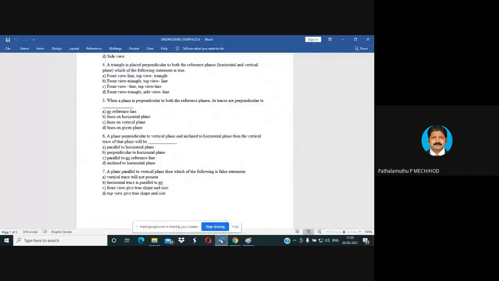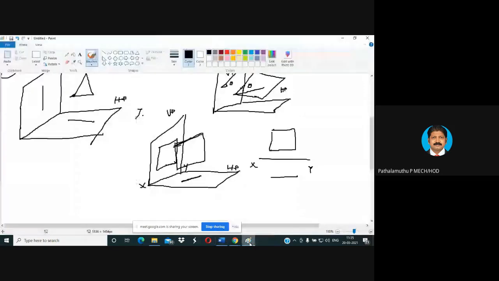Next, question number 8. When a plane is perpendicular to a reference plane, its projection on that plane shows its true shape and size. But a plane surface perpendicular to a reference plane gives only a line shape, not the true shape.